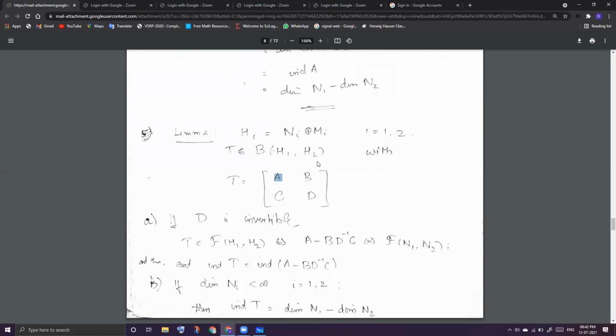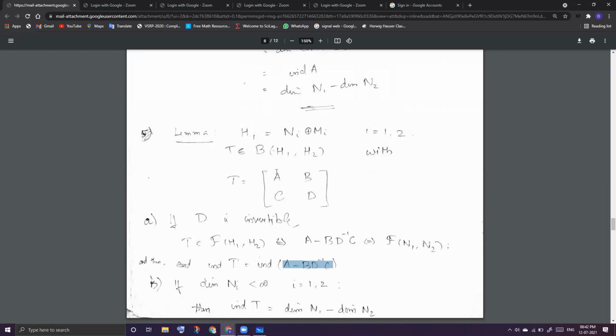I'll just mention it. So let H_i be of the form N_i direct sum M_i, where these N_i and M_i are closed subspaces, i equal to 1 to 2.